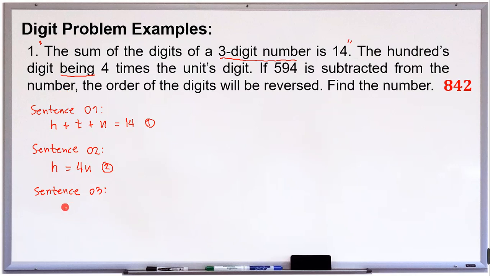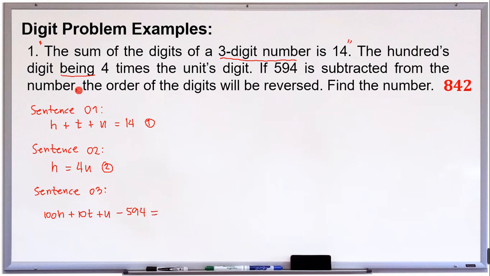So in representing the value of the number, we're going to use the expression from the previous slide, in which we multiply by the place value of each digit. So we have 100H plus 10T plus U. This expression represents the original number, and from sentence 3 we subtract 594 from it.